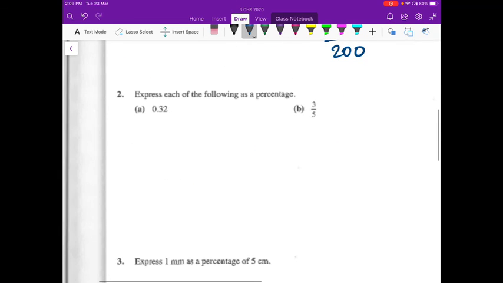Okay, next one. Express as a percentage. So the reverse is going to happen this time. Times 100%. Express as a percentage, you just need to copy down the number times 100%.